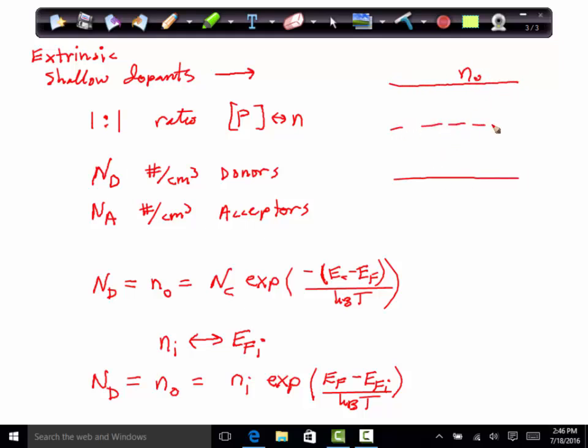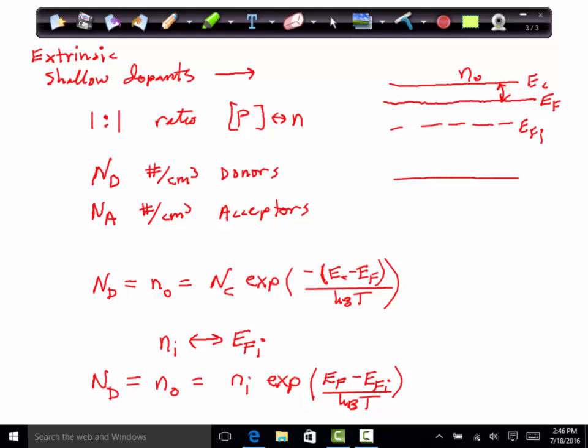This EFi is uniquely defined by the band gap of the semiconductor, and we can say our EF is either measured from the conduction band edge, EC, down to EF.